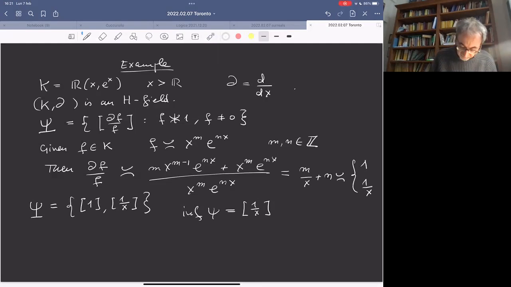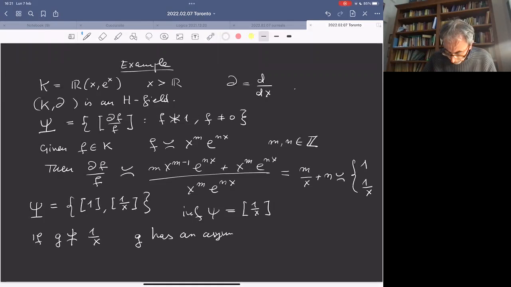And indeed, if g is not equivalent to 1/x, g has an asymptotic integral, confirming Rosenlicht's theorem, if you didn't believe it. And of course, 1/x itself doesn't have an asymptotic integral because the integral of 1/x is log x, but it's not there.